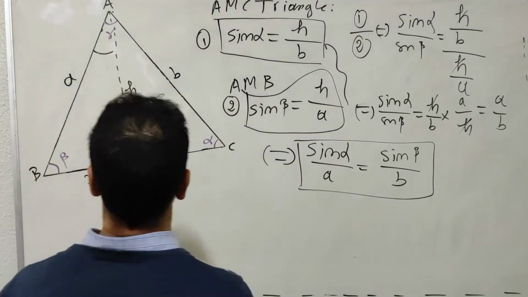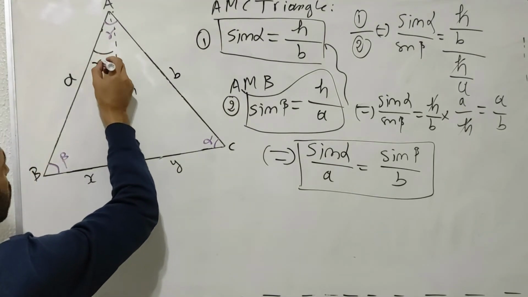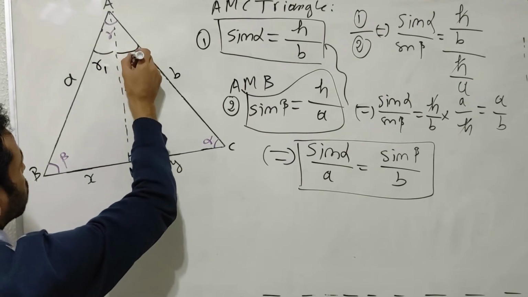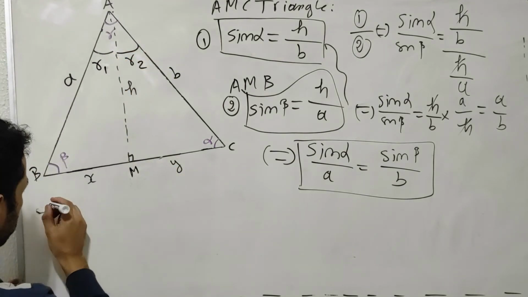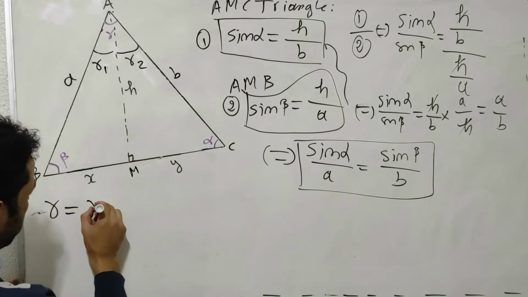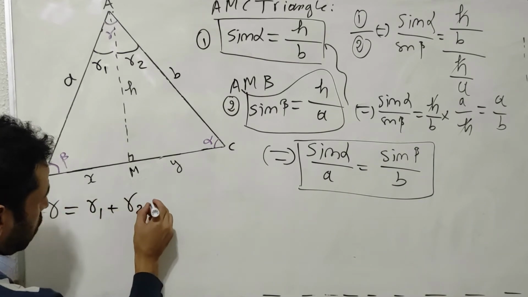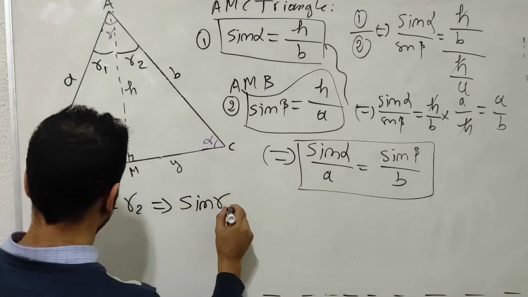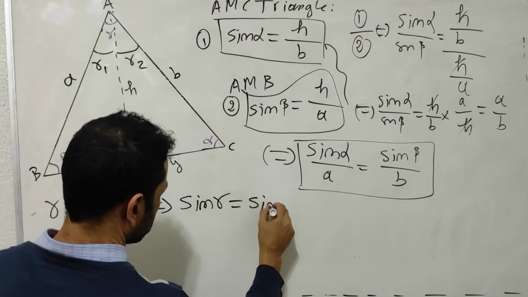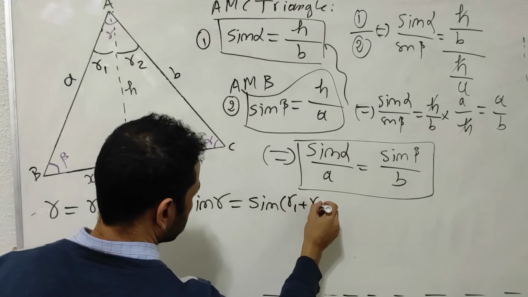For gamma, let's call this angle gamma 1 and this angle gamma 2. So gamma equals gamma 1 plus gamma 2. I'm going to apply sine on both sides. I will have sine gamma equals sine of gamma 1 plus gamma 2.